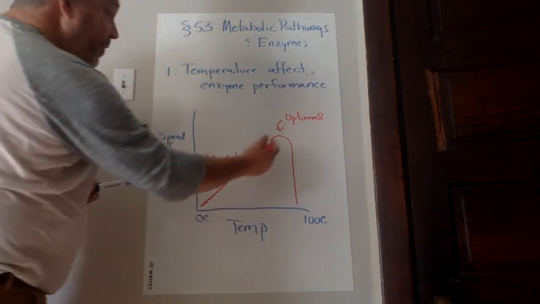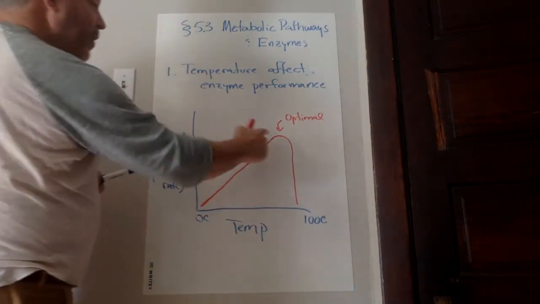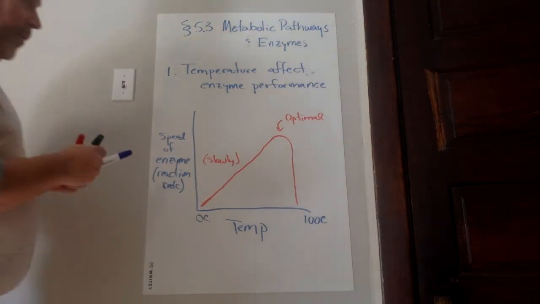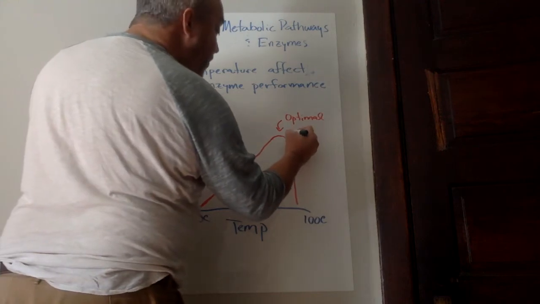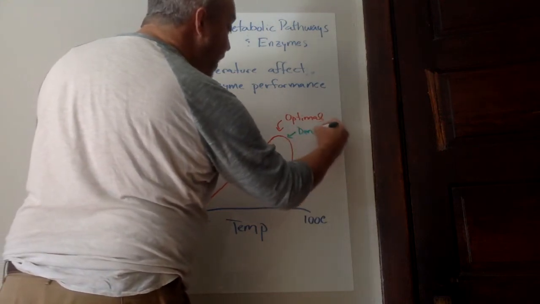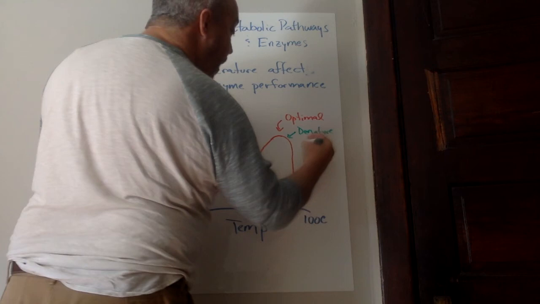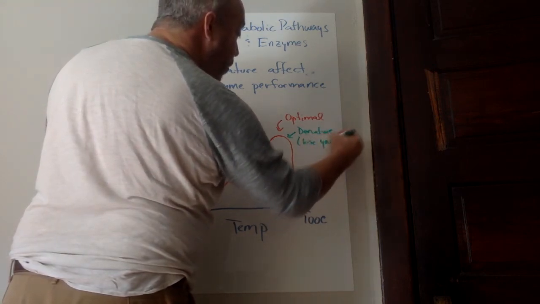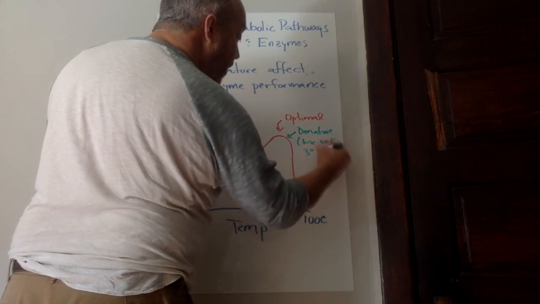As the temperatures increase, their speed increases until they reach their optimal. At some point past the optimal, though, an enzyme gets too hot and it will denature. And denature means you lose your tertiary structure.